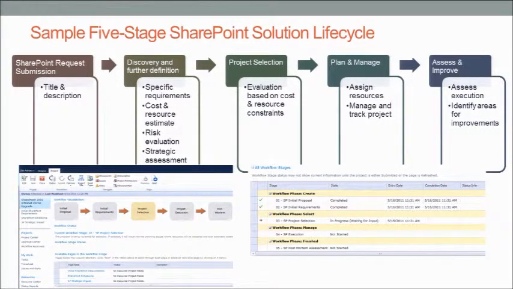As we'll see as we move into the live demo of it, it has a 5-stage solution lifecycle, and we can see it through here where we basically start a proposal for a change. At that point, we just give it a name and we describe what it is. We don't want any other information. If it gets through the first approval cycle, then we start to ask for more information about it. How much is it going to cost us?